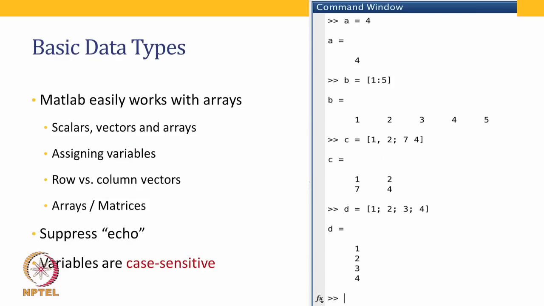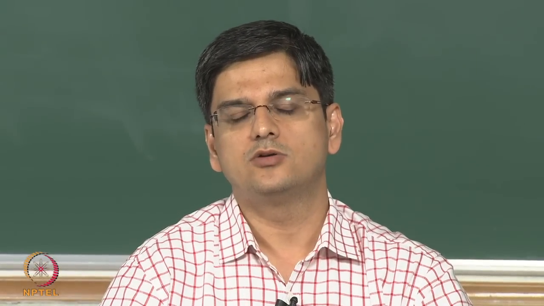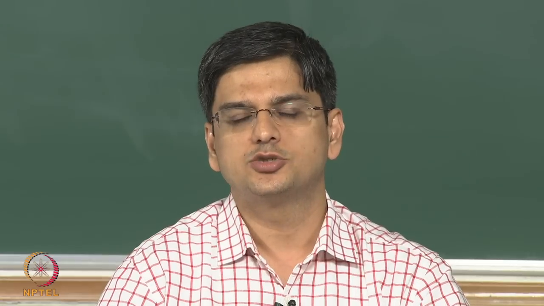Okay. So, now let us go over what the basic data types of MATLAB are. Now, the two main data types in MATLAB are going to be scalars and matrices or arrays or vectors. So, when we talk about scalars, scalars are nothing but a single valued variable, whereas arrays or matrices are going to be of size m by n, where m is the number of rows and n is the number of columns.